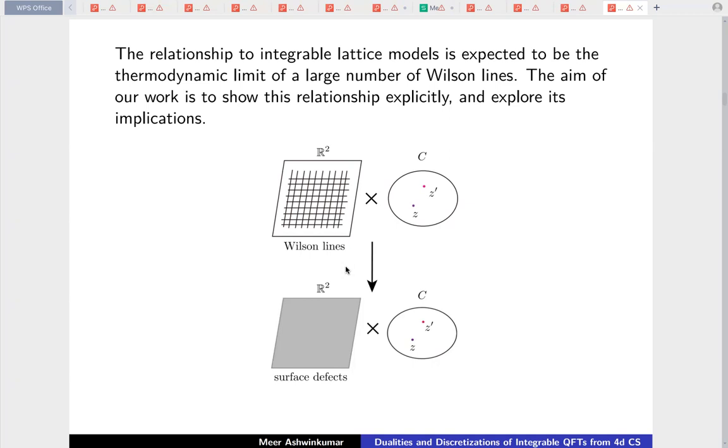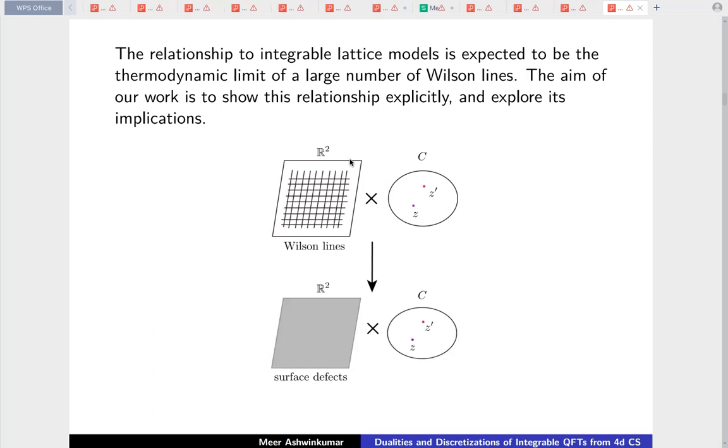And the idea that was alluded to in the paper by Costello and Yamazaki was that if I take the number of Wilson lines in each direction to be very large, basically infinity, these Wilson lines will coalesce and combine into surface defects. And depending on the direction in which they are supported, they should give us chiral and antichiral surface defects.